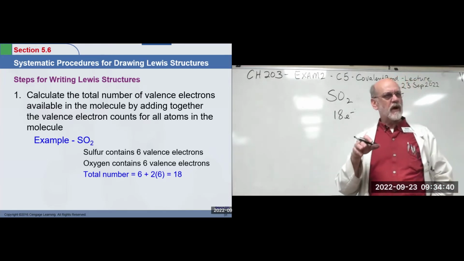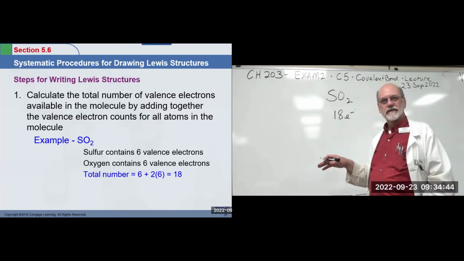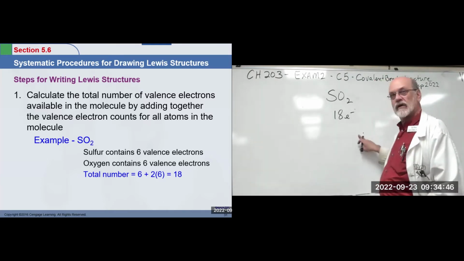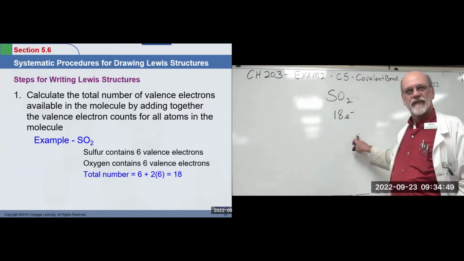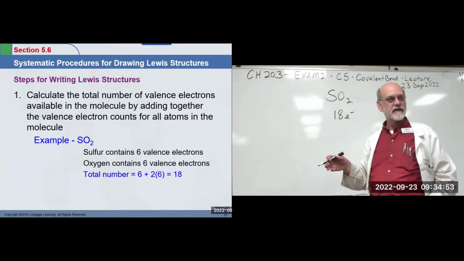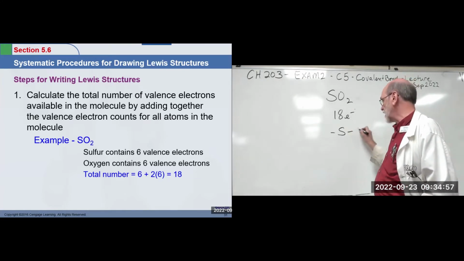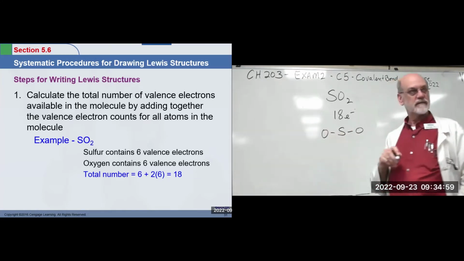Now here's the tricky part. Which one goes in the middle? Do we string them together like SOO? That, I mean, on an aesthetic level, that doesn't make sense. No, we form S and a single bond on either side, like that.